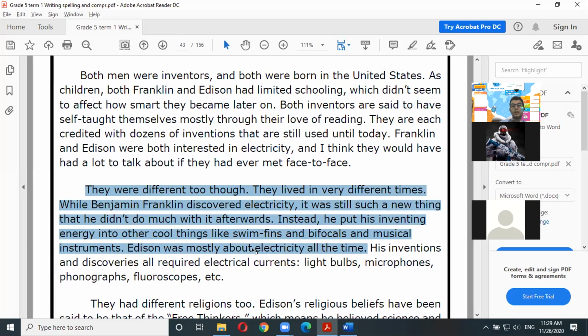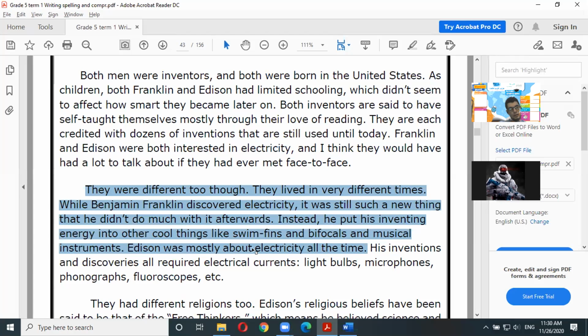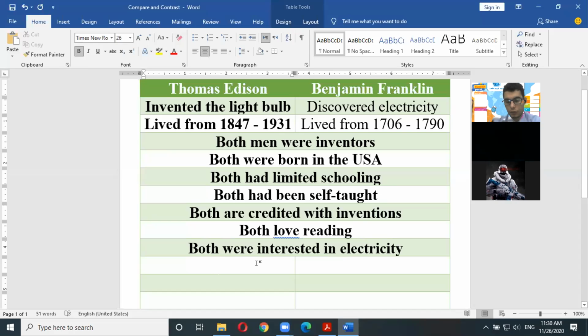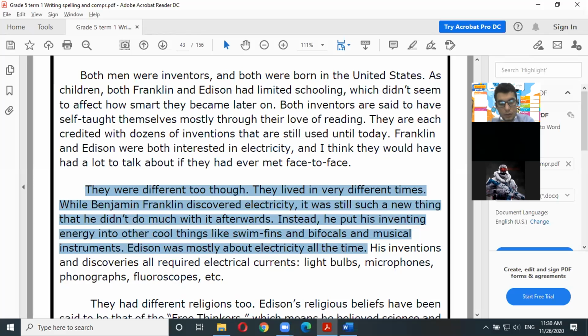Very good. But Benjamin Franklin discovered electricity. It was still such a new thing that he didn't do much with it afterwards. So the major difference is that Benjamin Franklin was not all of the time about electricity. Very good.